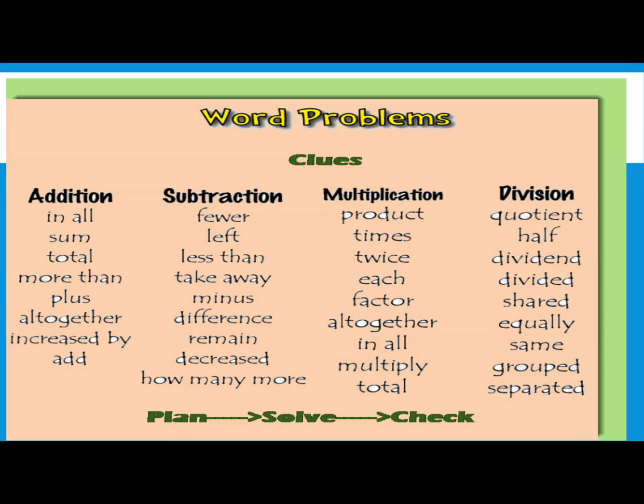This is subtraction. Multiplication, the clue words are here: product, times, twice, each, factor, altogether, in all, multiply, total. Division: quotient, half, dividend, divided, shared, equally, same, grouped, separated.